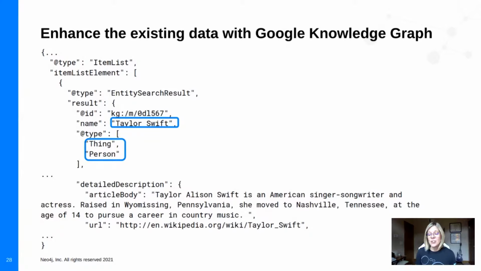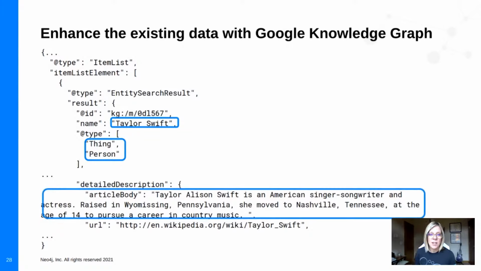Now, that's kind of interesting because that could give us our node labels. And Taylor Swift could have multiple node labels, and in Neo4j, that's totally legit. Then I have this description of Taylor Swift, which is a sentence or two about who she is. And in fact, I could have multiple descriptions, and that's a little problematic. We're just going to use the first description today, but you could use all of them if you want.